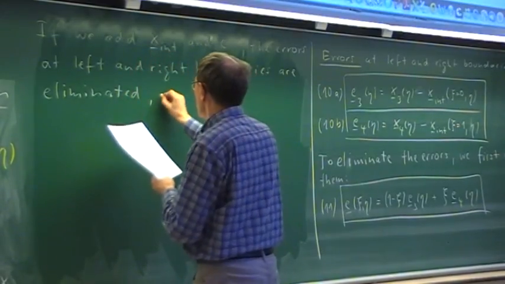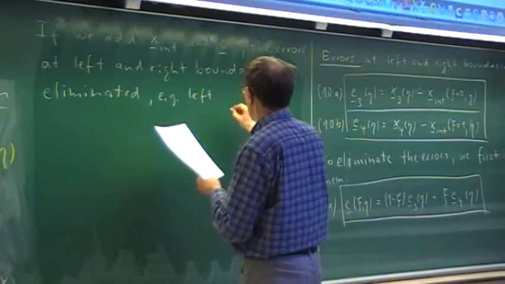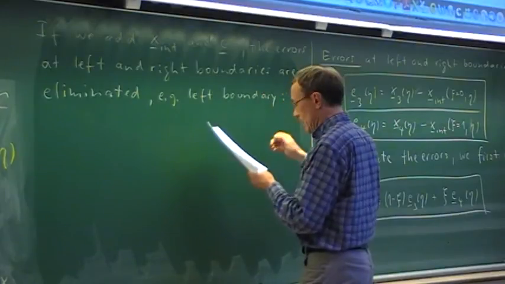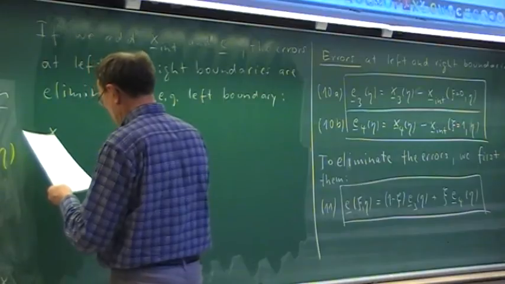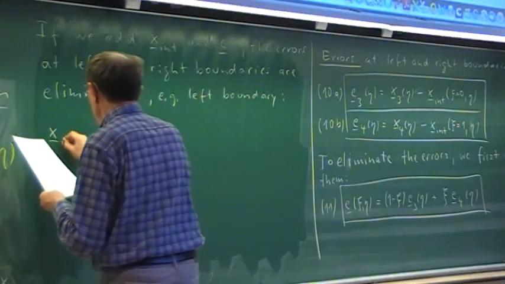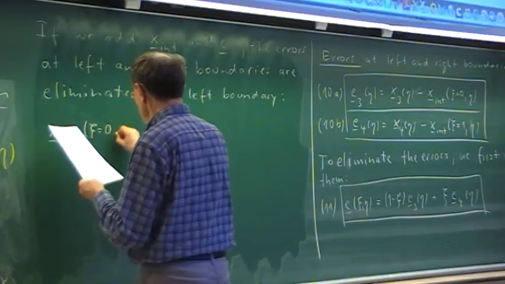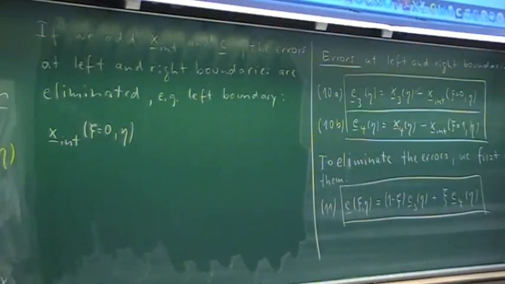For example, if we look at the left boundary, we would have the interpolated coordinates at the left boundary, psi equal to 0, eta. That is our yellow line here on the left.